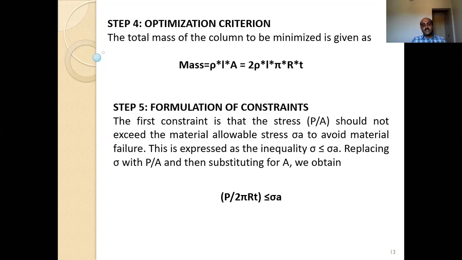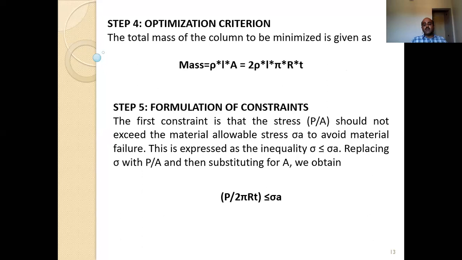And coming to the constraints here, the first constraint is that stress P by A should not exceed the material allowable stress sigma A to avoid the material failure. So the column should not buckle due to the excess stress.